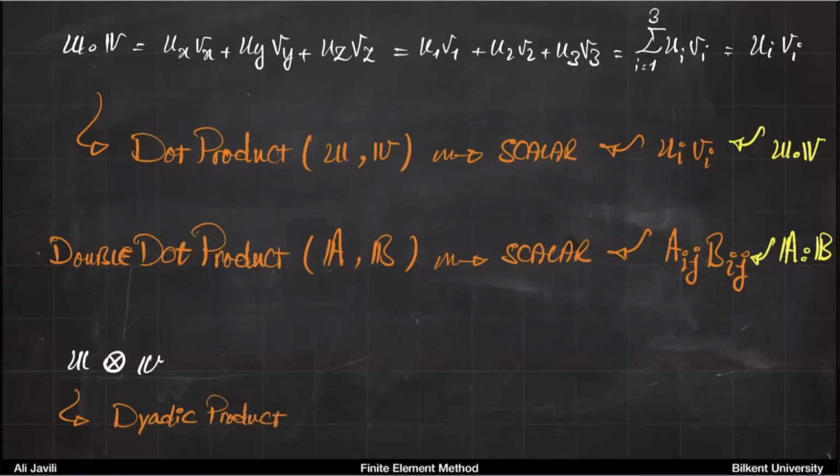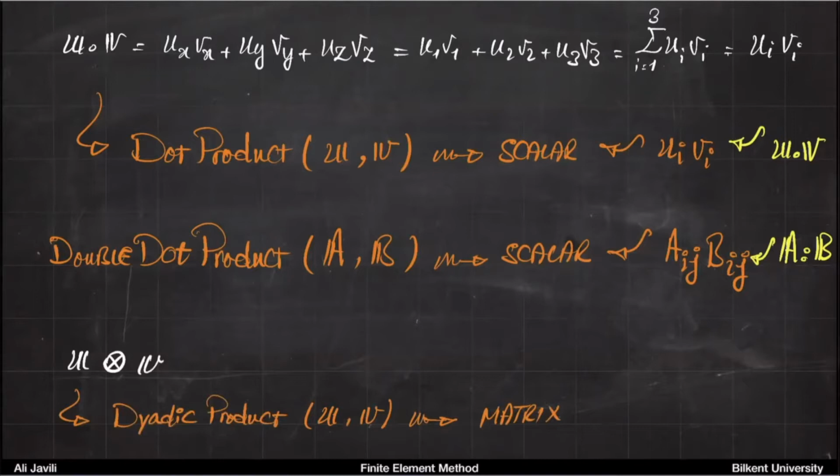Now, what is the output of a dyadic product? If you take the dyadic product of two vectors, you get a second order tensor, but let's say in our case, we can call it a matrix. All right.